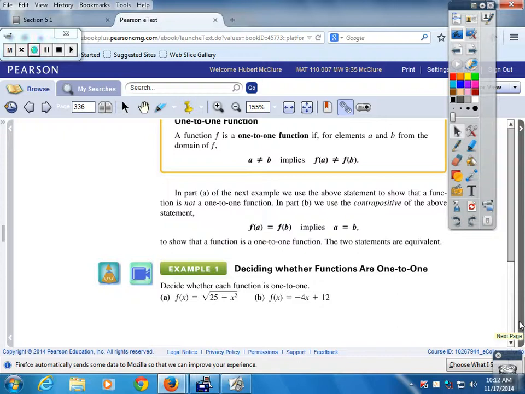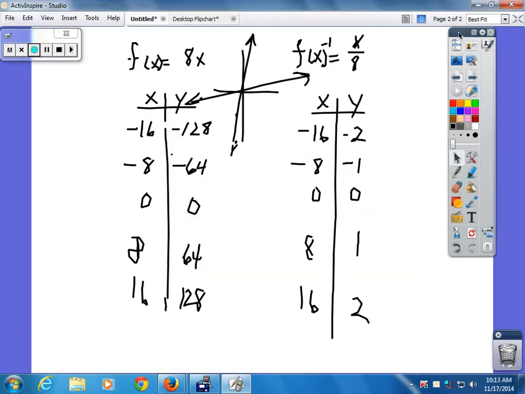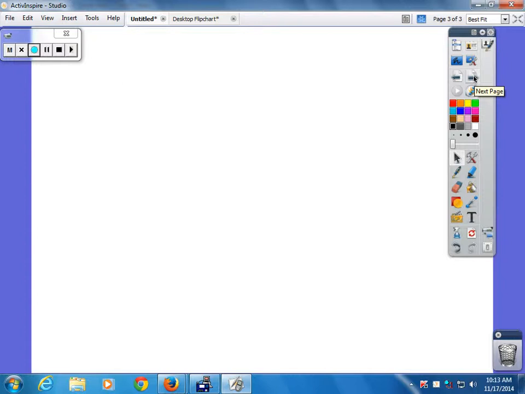Let's do f of x is equal to negative x squared plus 25. f of x is equal to the square root of negative x squared plus 25.